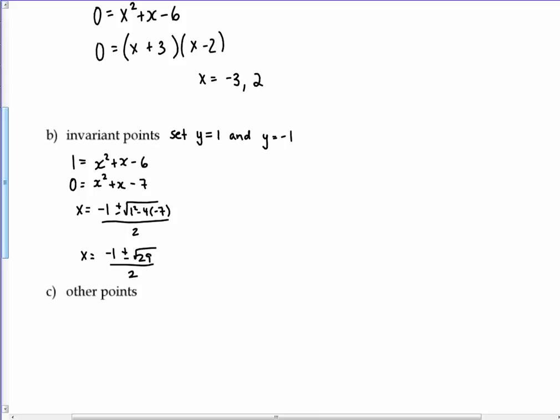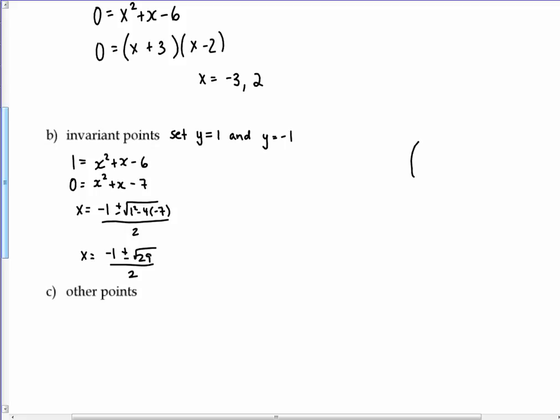Negative 1 plus or minus root 29 over 2. Okay? Well, it's 4 times 7 plus 1. Okay, so those are 2 points. What are the 2 points from that we were given?